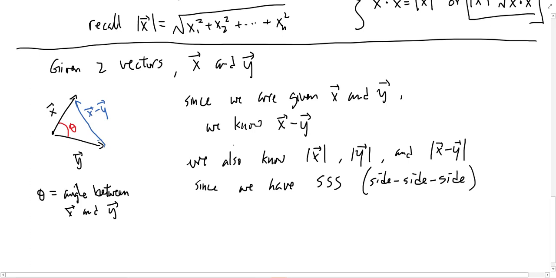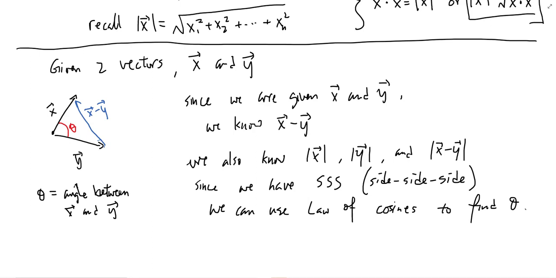And because we have this unique triangle, we can now use the law of cosines to find angle theta. I don't know whether you learned what is called the law of cosines. I'm under the assumption that you should have learned it in Algebra 2, but even if not, you might remember learning it, or at least hearing about it, in BC Calculus.